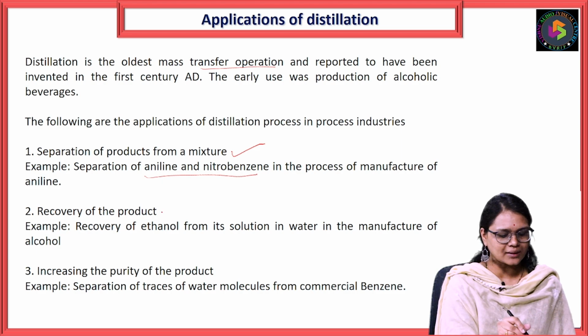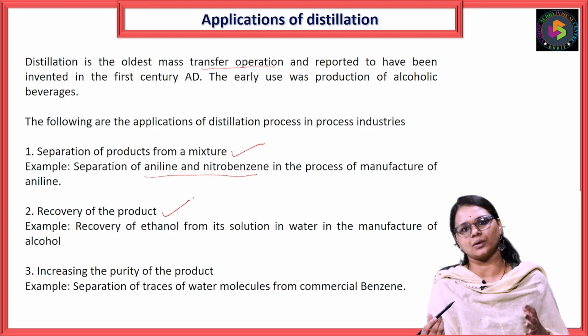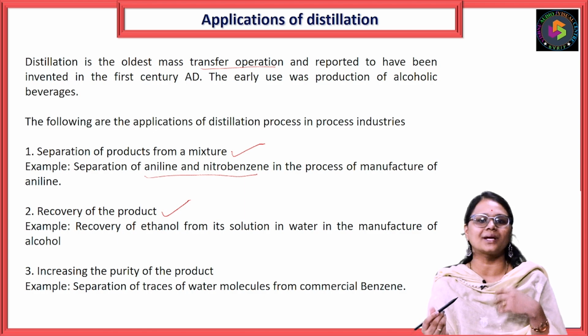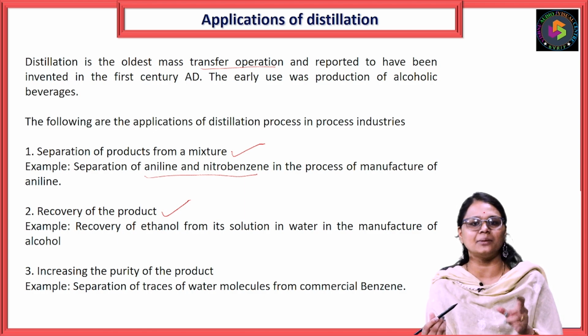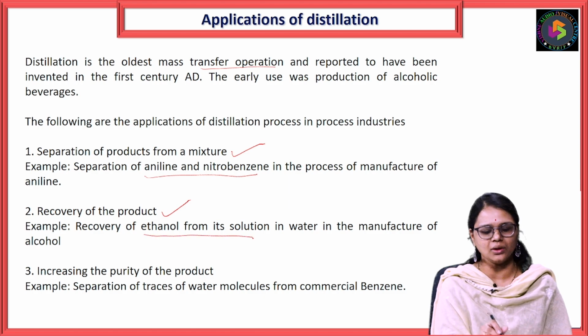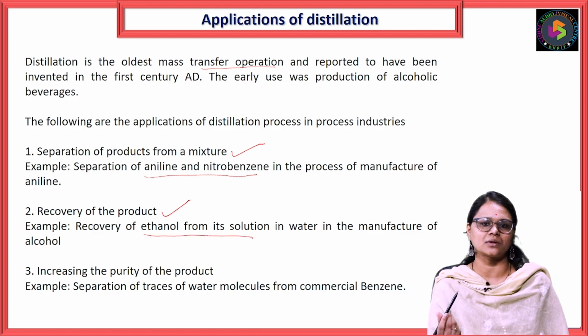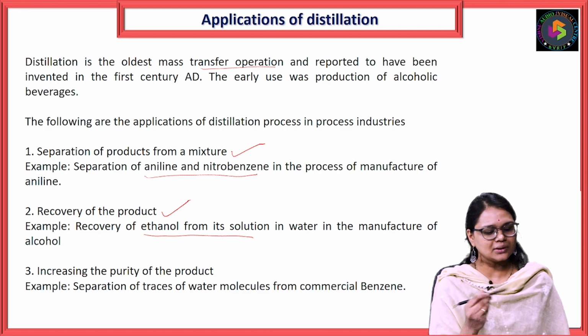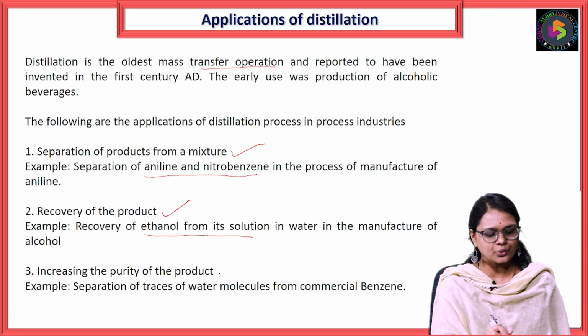And to recover a product: if I have done a process and got a product, I need to recover the main element from it. For example, if you wanted to produce ethanol, it contains a large amount of water, from a fermentation for instance. In that case, you can go with simple distillation and increase the purity of the product.